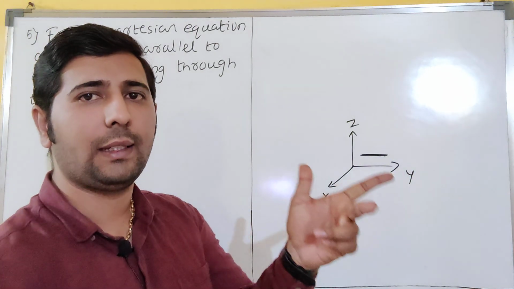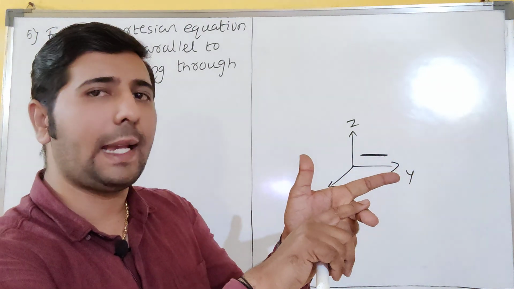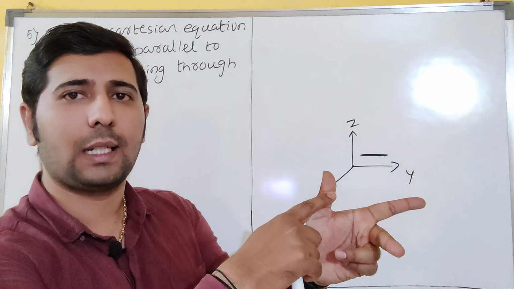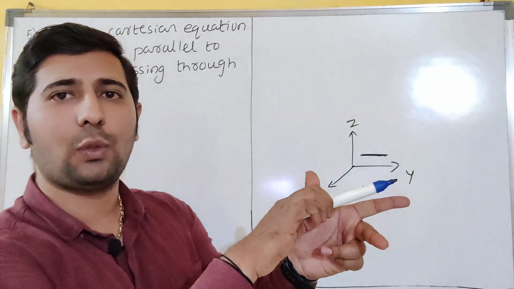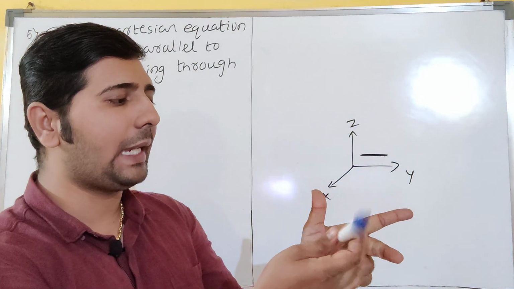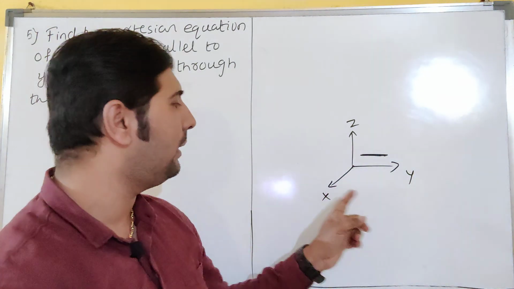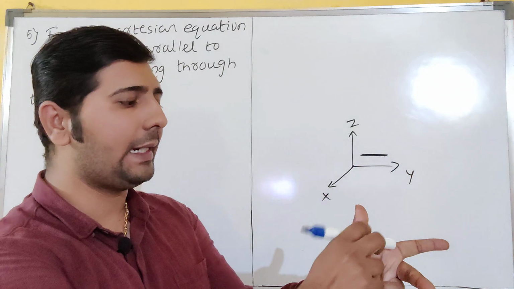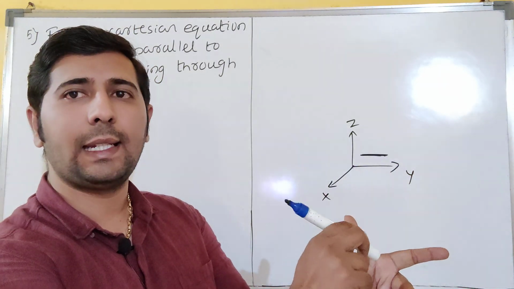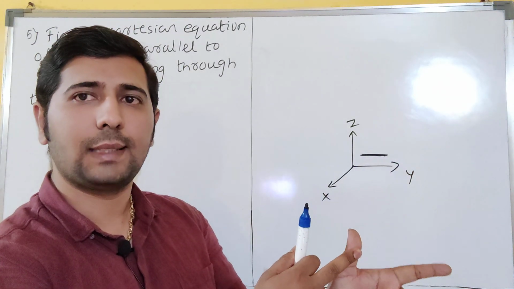This is only y, this is your x, this is z. So the line is parallel to y-axis, that means it is making 90 degree with x-axis and 90 degree with z-axis.